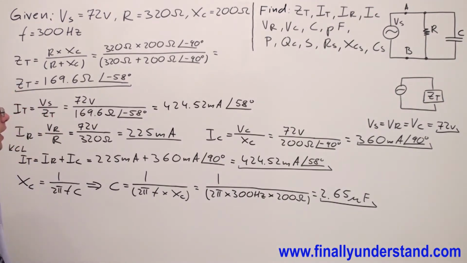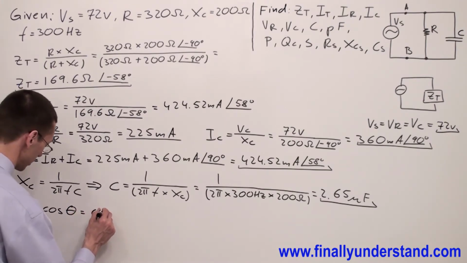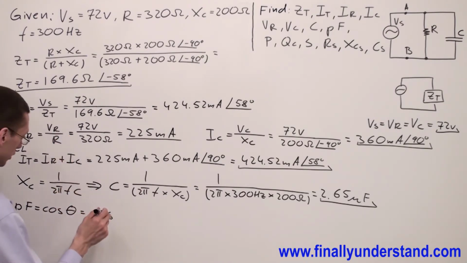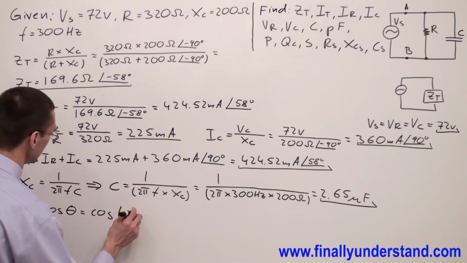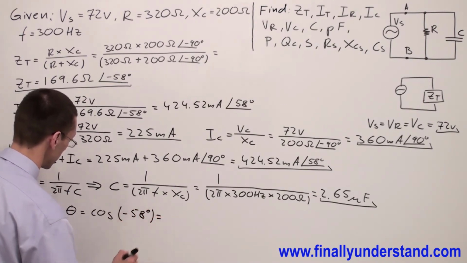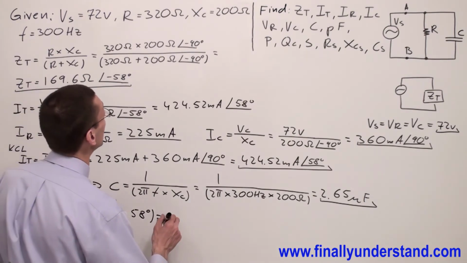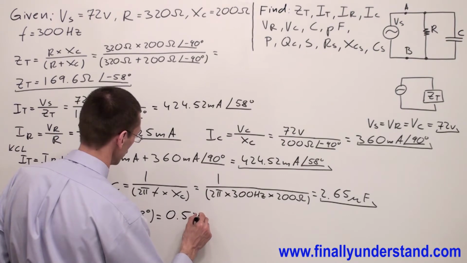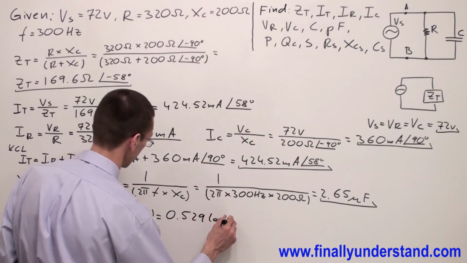Next, I'm supposed to find the power factor. Power factor is equal to the cosine of angle theta. In our case, this is the cosine of the angle which is next to Z total. So I have cosine of negative 58 degrees. This is equal to 0.529 lead.